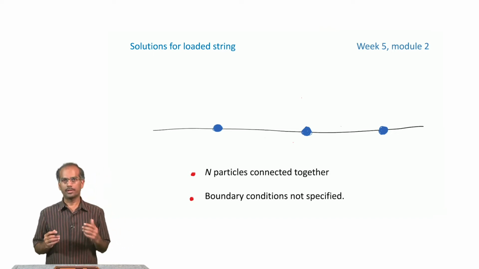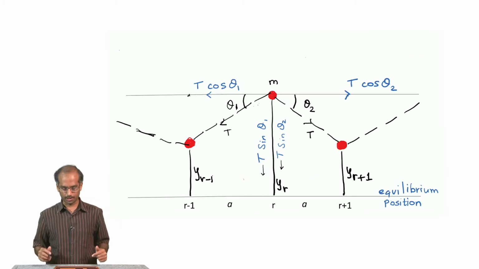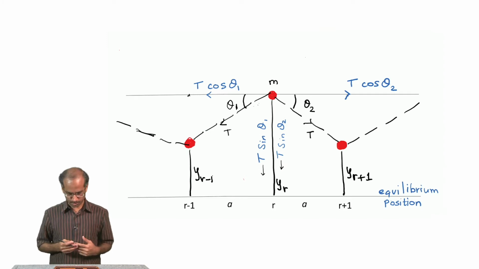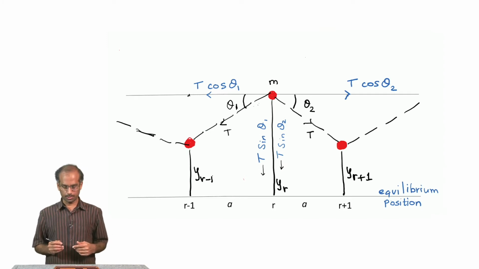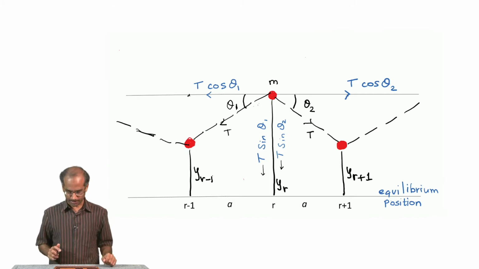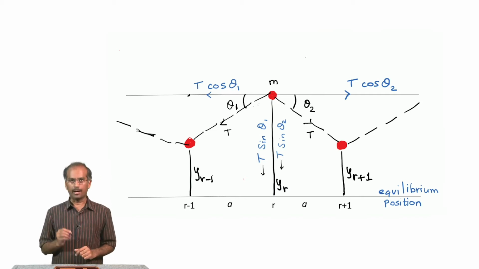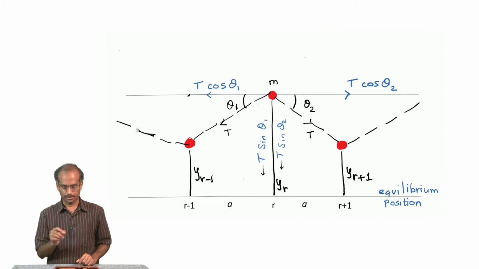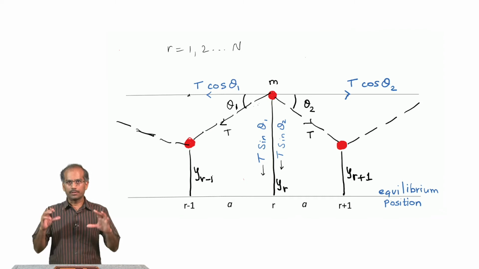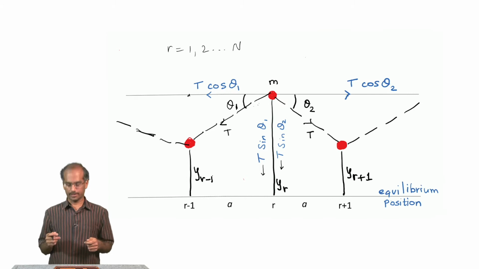So, let us quickly recap what we did with this loaded string. Here is the figure that was shown to you in the last module. There are these three beads or three particles, in red, and r is the index that numbers the particle, going from 1 to N. What I have is one snapshot of a possible oscillation that three of these particles are executing.